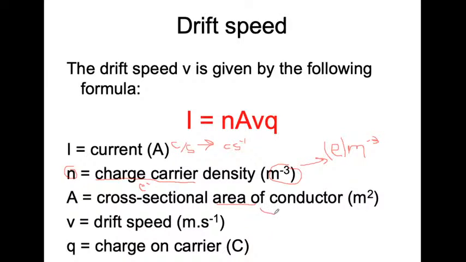So we'll usually be using pi r squared, pi times radius squared, remembering that radius is half of the diameter, so it could be pi times our diameter over 2, squared.